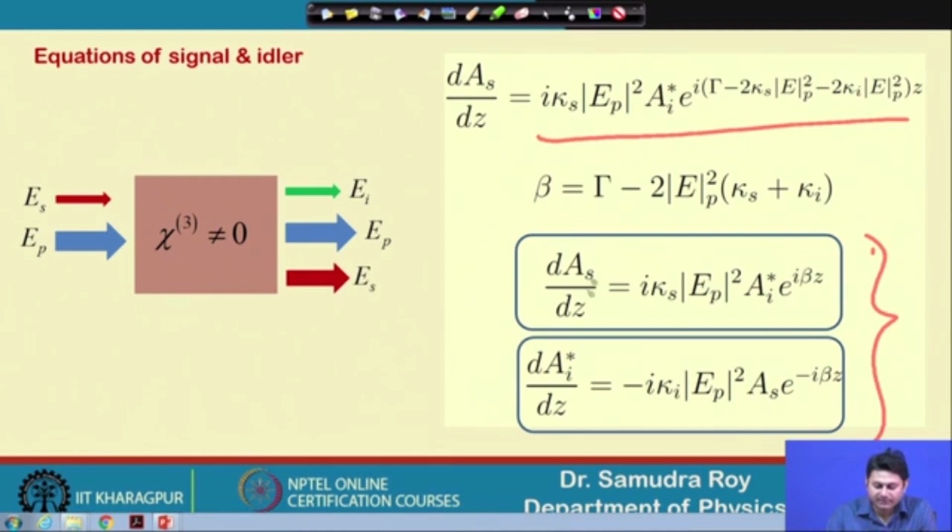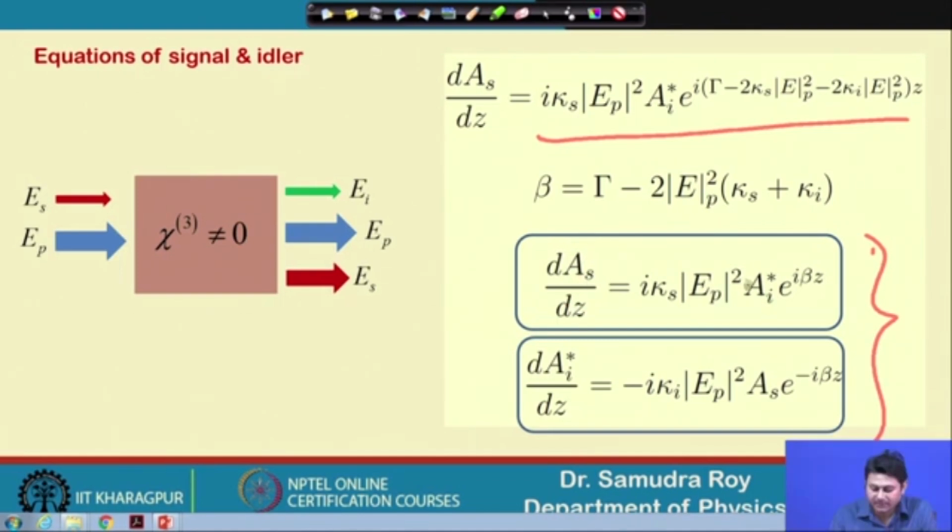So, now I write the differential equation for A s and A I with this particular form. This now allows us to solve. Now, we are in a position to solve this differential equation, and how do we solve this? This is the old kind of equation. We have solved this in the previous classes. So, we take a derivative of both sides of A s.